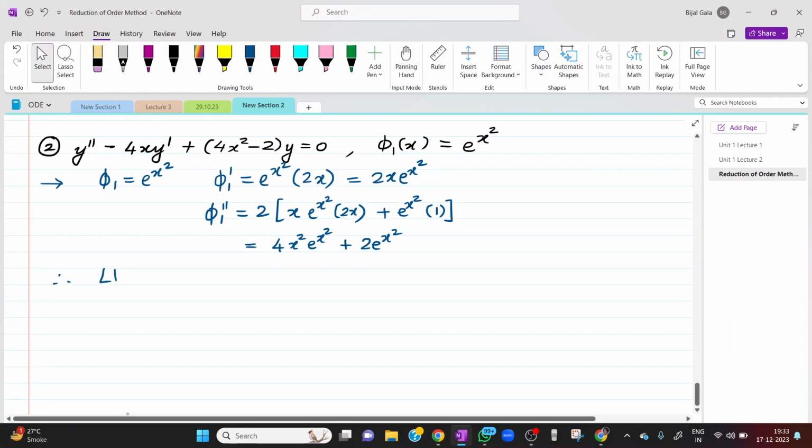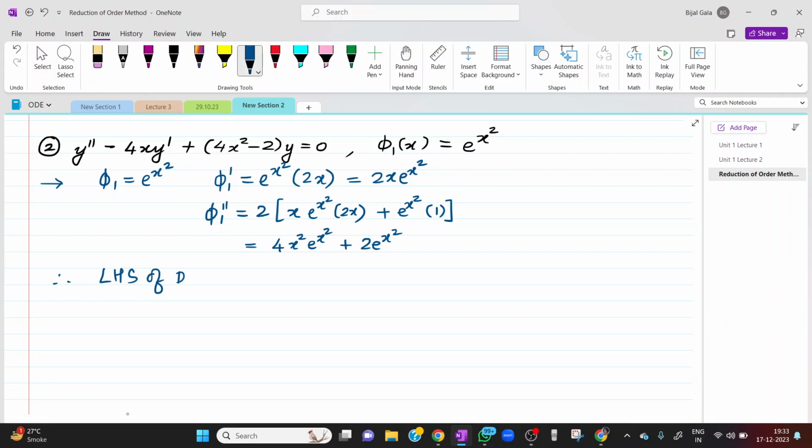So, LHS of the differential equation, after substituting, I'll get 4x square e raised to x square plus 2 e raised to x square in place of phi double dash, minus 4x times y dash would be phi dash, that is 2x e raised to x square, plus 4x square minus 2 as it is, y की जगह पे e raised to x square.